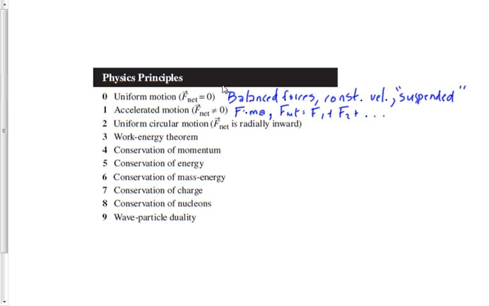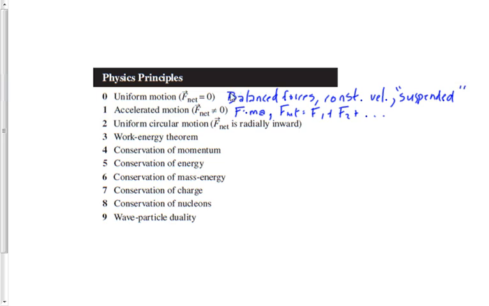A situation like that might be a charged particle accelerating, like a car going down a hill, although there's another principle that we could use in there as well. Another situation might be, again, the oil drop experiment, where an oil drop is accelerating upward or downward between the 2 parallel plates. We're using accelerated motion there.